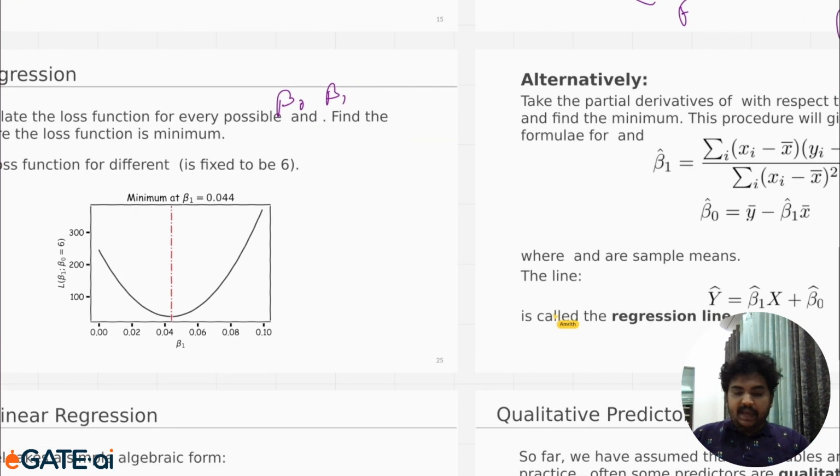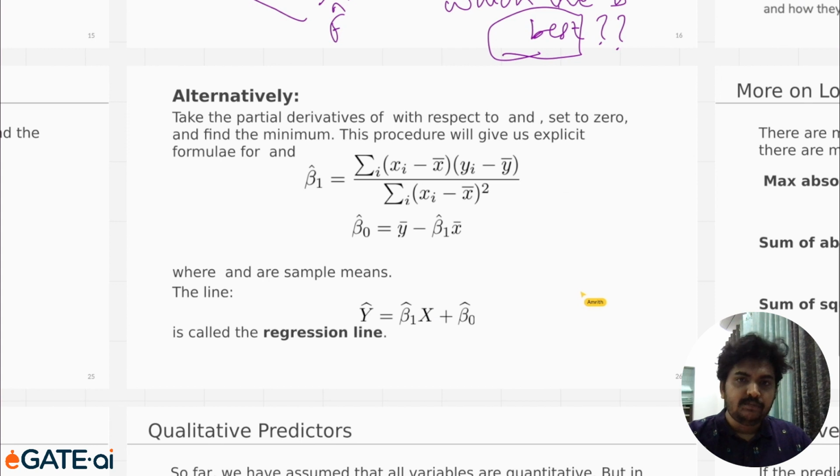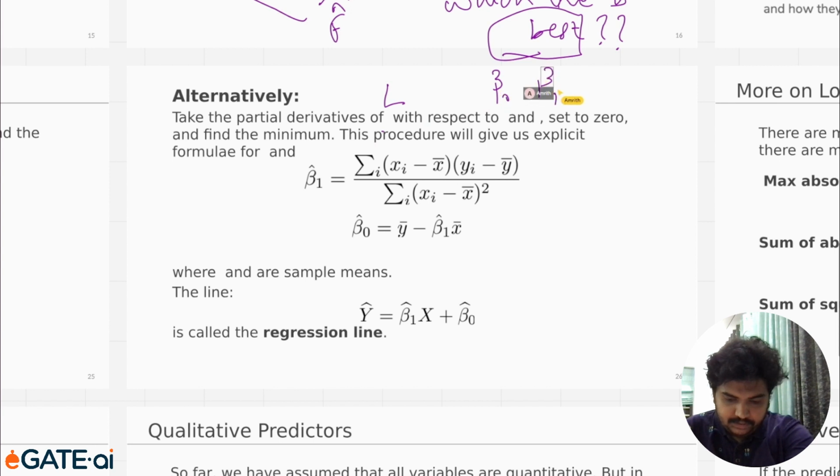So don't worry, we have a better alternative, which is to take the partial derivatives of L, the loss, with respect to beta 0 and beta 1, set them to 0 and find the minimum.